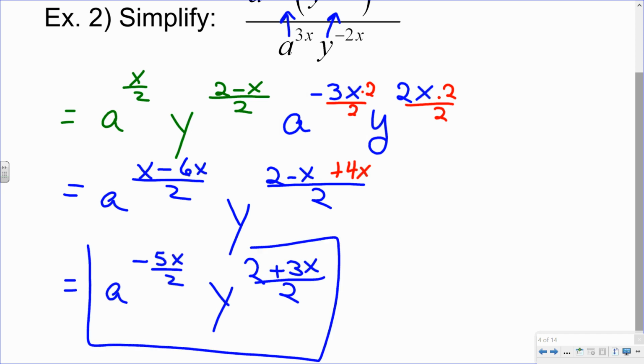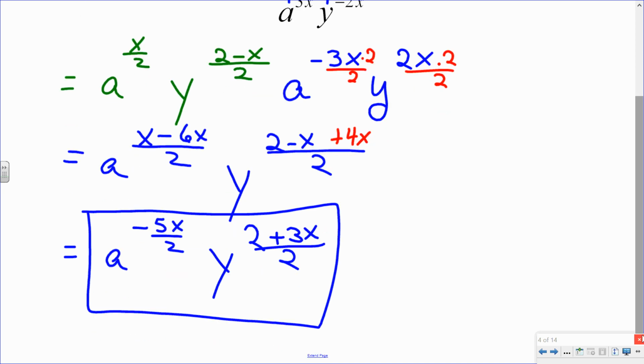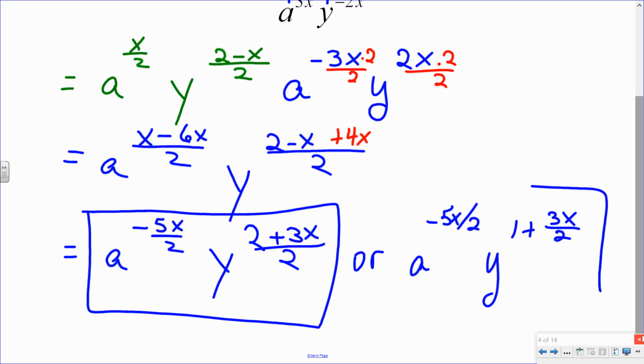So that is one way I could write my final answer. I could also have the a to the minus 5x over 2. If I wanted to, I could write the 2 over 2 as a 1 plus the 3 halves x. So a couple of different ways I could write that are equivalent.